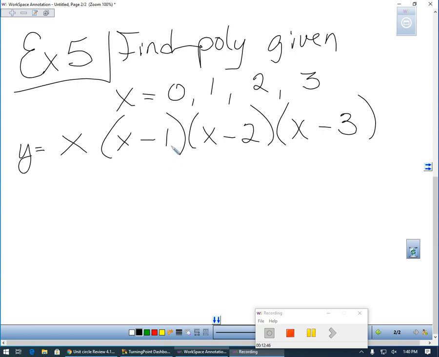Which two factors do you want to multiply together first? Alright, sounds good to me. So why don't you guys go ahead and start it. Alright, you guys try and do the first box.